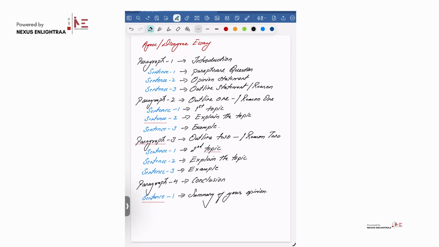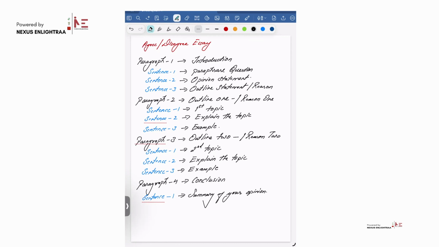For example, let's say there is a question that says all junk food should be banned, whether you agree or disagree. This was an essay that we were paraphrasing last session. Now I'll paraphrase it and then I will say, I completely agree. So that is my opinion statement, right?